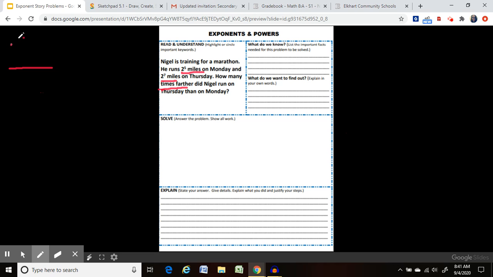So do power of a quotient again. Keep the base, subtract the exponents. 4 squared, he does 4 times more mileage on Thursday compared to Friday.